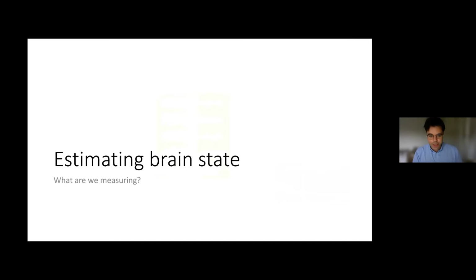Okay, now some practical problems. If we're estimating brain state, I think this is something that a lot of us, and especially myself, completely underestimated when we started this kind of research many years ago.